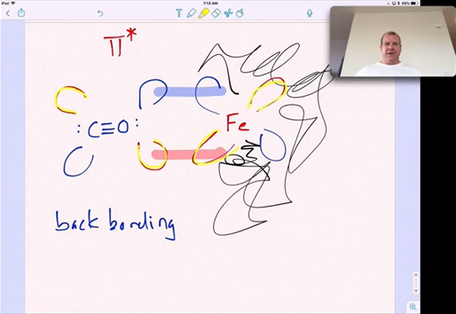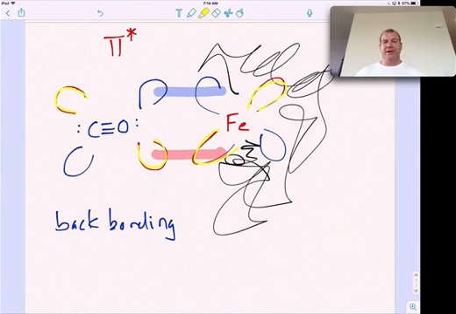Okay, so an iron has the DXYZ orbital, the kind of clover leaf looking one, and carbon monoxide has an unused open pi star orbital. And these can actually bond.